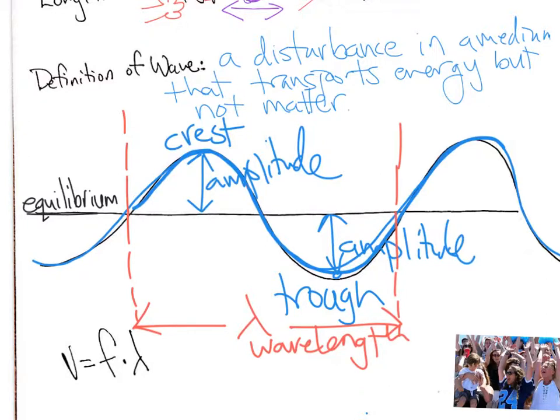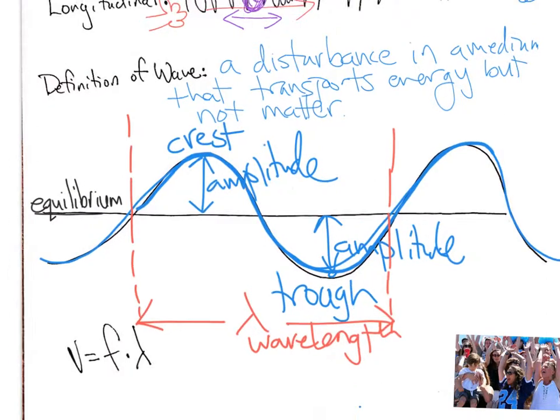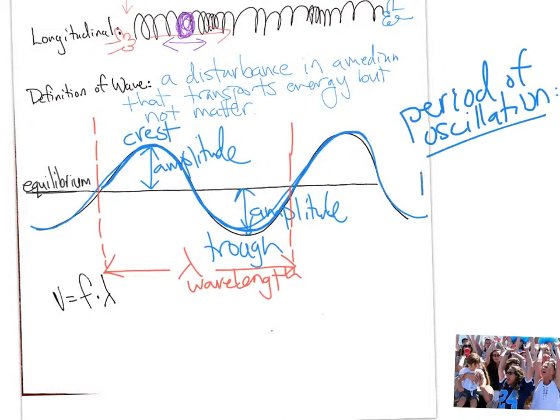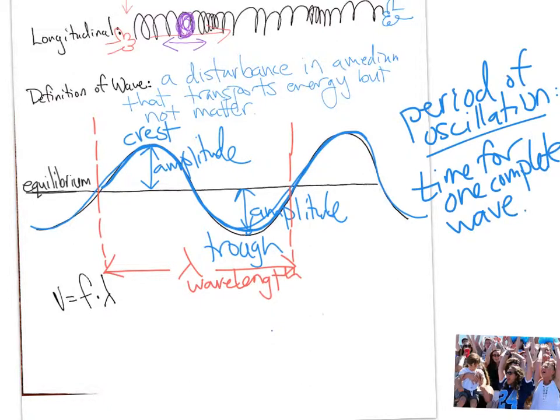All right. So I'll put this in here. We could talk about also the period of oscillation. So period of oscillation, this is the time for one complete wave, and that would be measured in seconds.